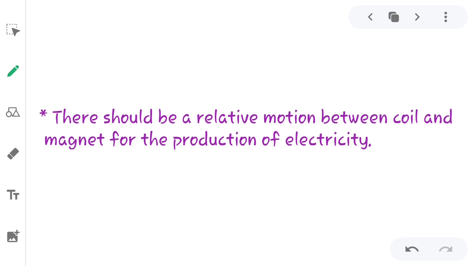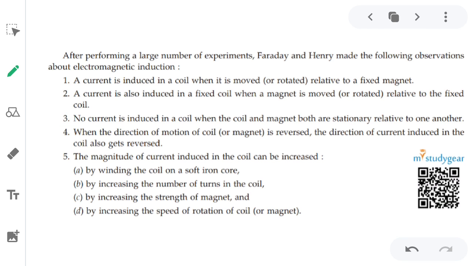After performing a large number of experiments, Faraday and Henry made the following observations. The current is induced in a coil when it is moved relative to a fixed magnet.